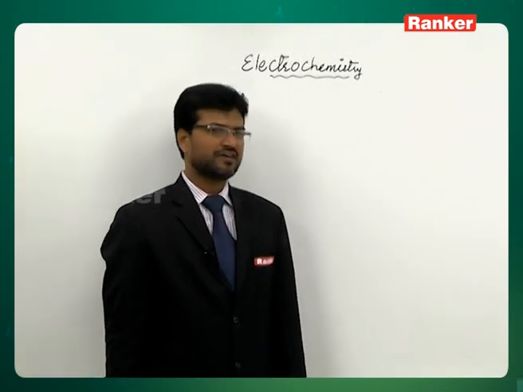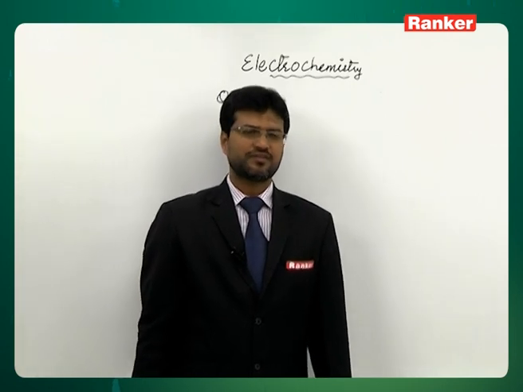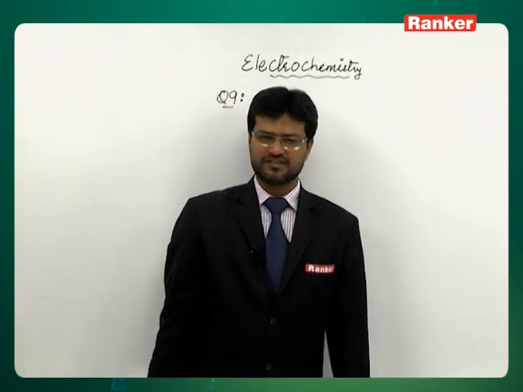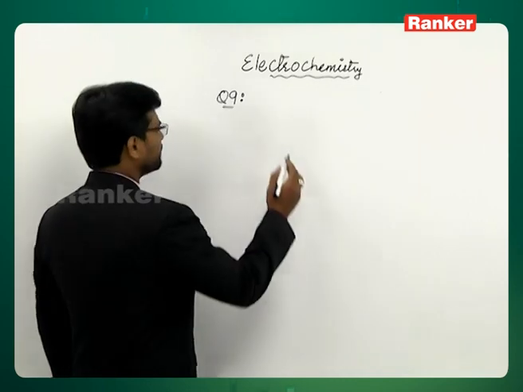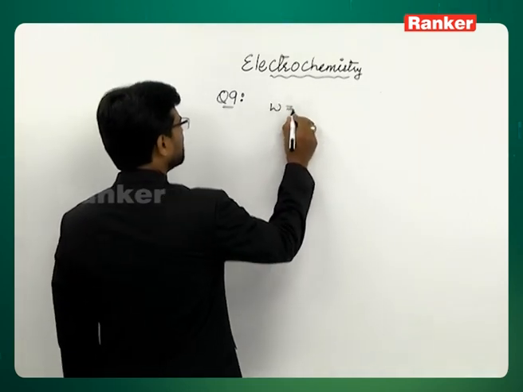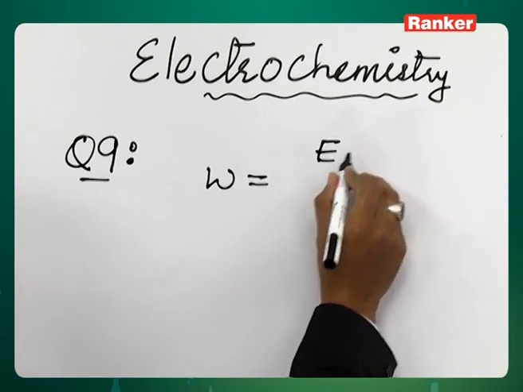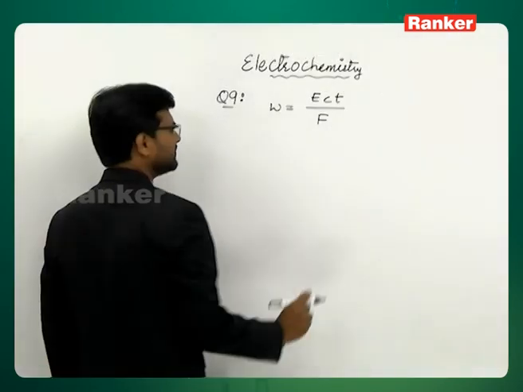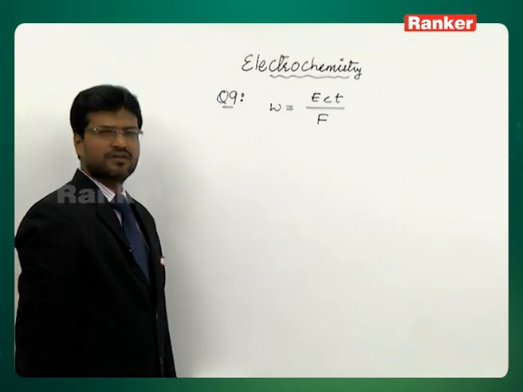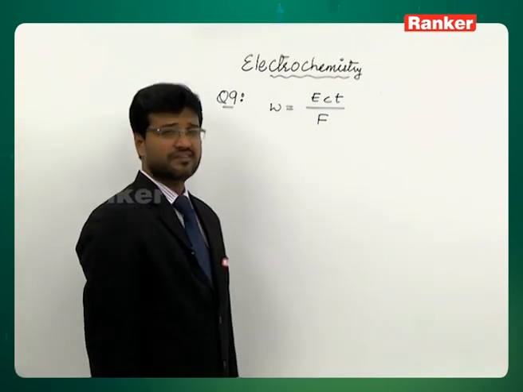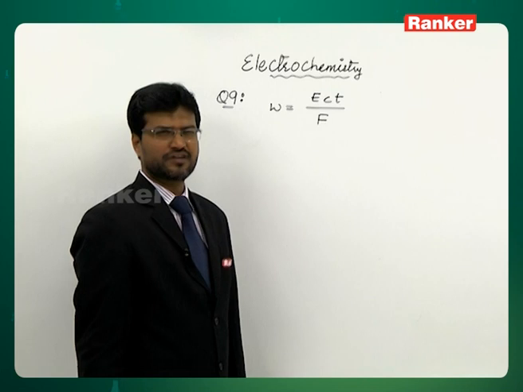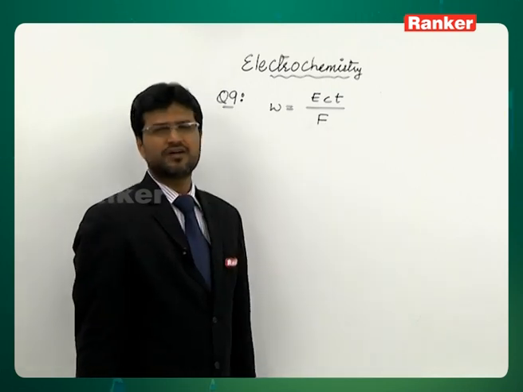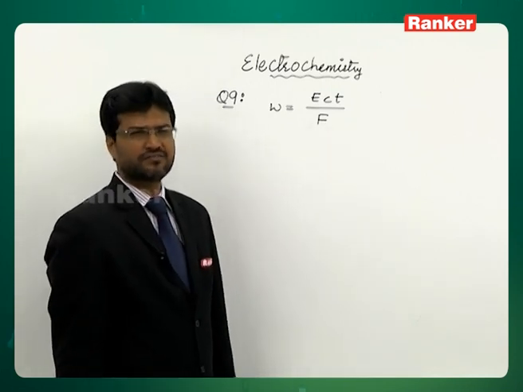Let's calculate how much time is taken for the formation of 0.756 grams of silver. We have this formula: weight of silver formed is equal to ECT by F, where E stands for equivalent weight of silver, C stands for current strength in amperes, T is time of passage of current in seconds, and F is Faraday, that is 96,500 coulombs.